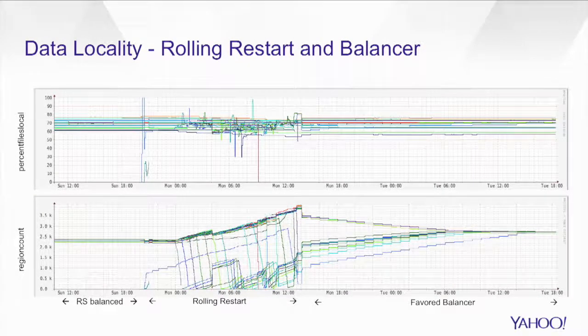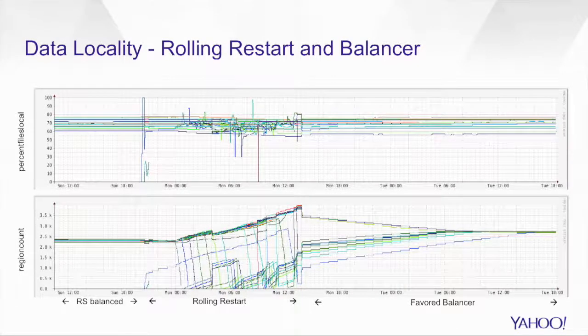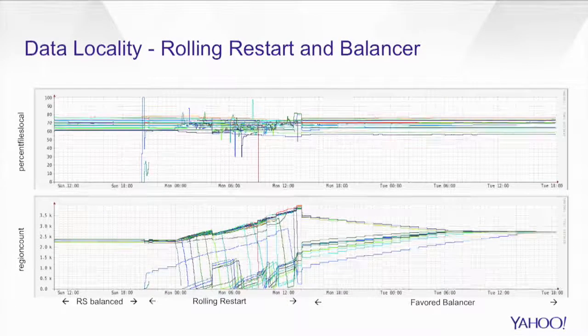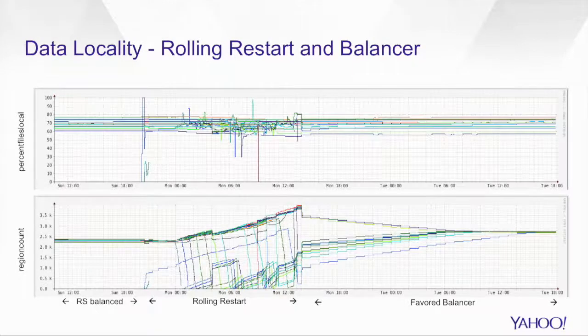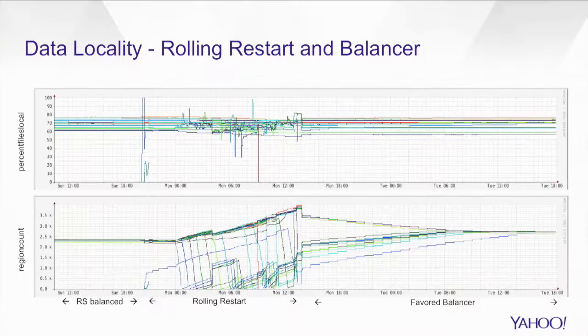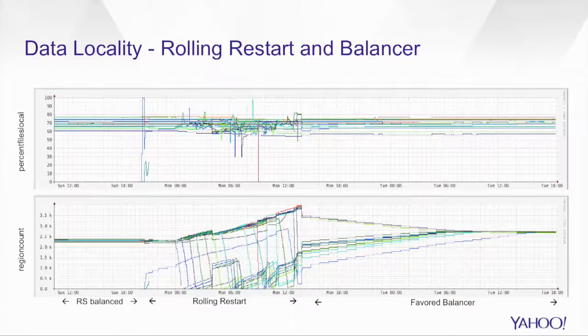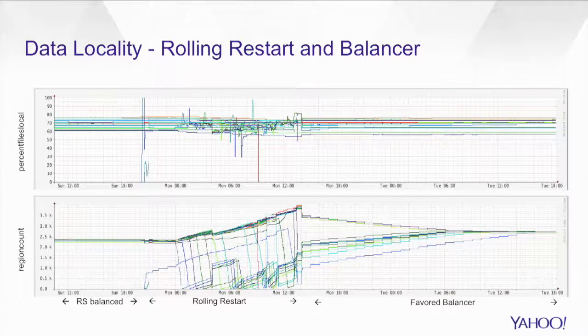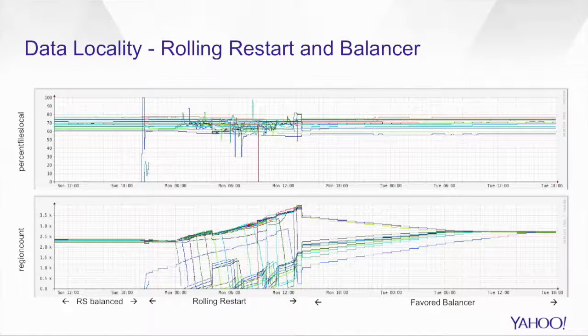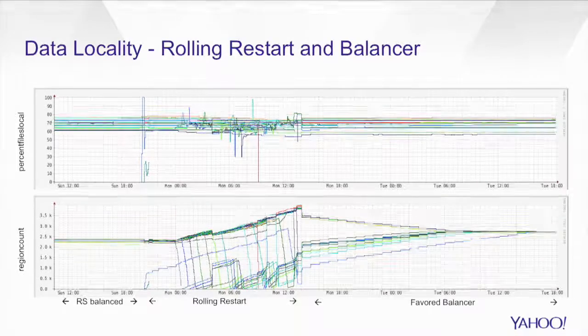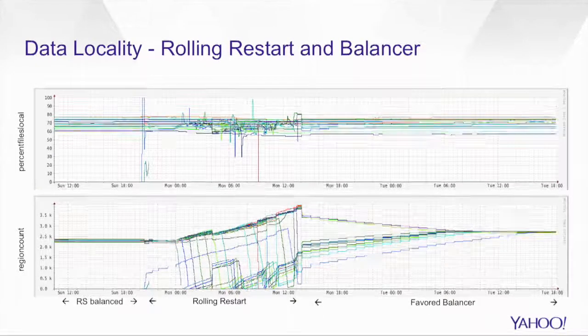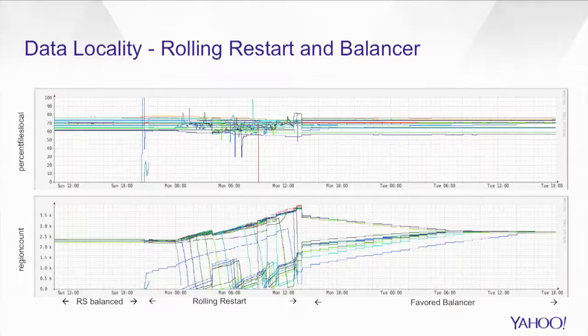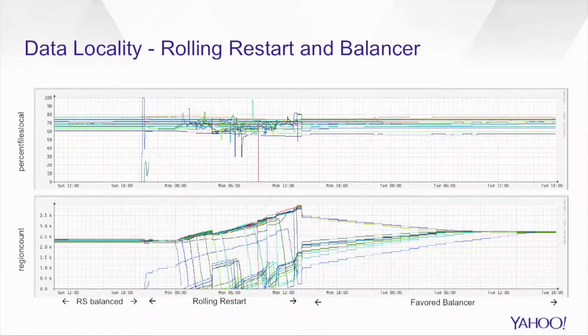After the rolling restart is done and the balancer is running, say it takes at least 1 day to actually catch up to a uniform state, you can see that there is pretty much no change in locality. It stays pretty much flat, with thousands of regions moving around. So with a Chaos Monkey test, or a rolling restart at scale, or the balancer at scale, you have data locality.